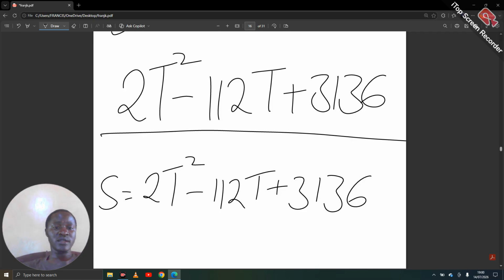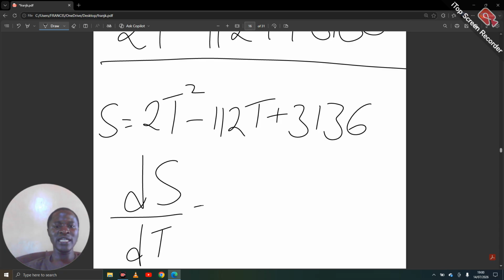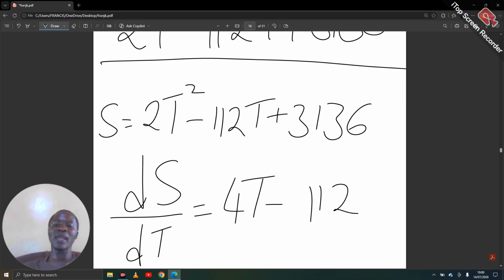In part B, now you should do something like this. Now let us differentiate this. So we have ds over dt equals what now, guys? 4t minus 112 equals 0.